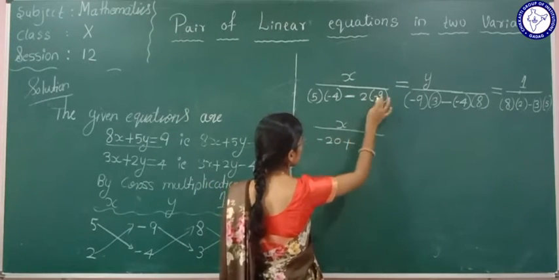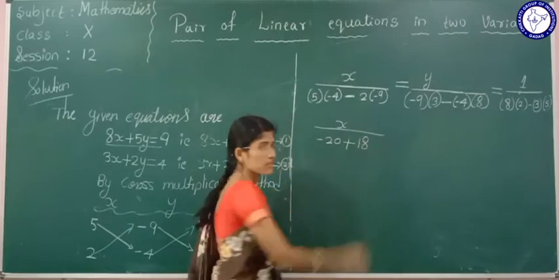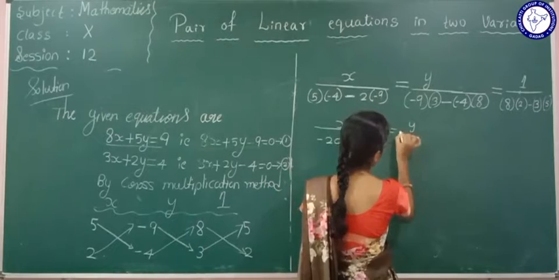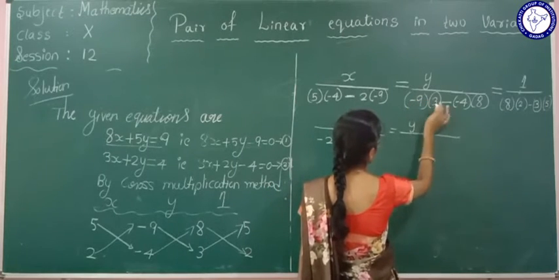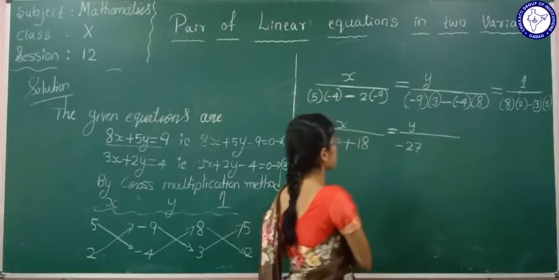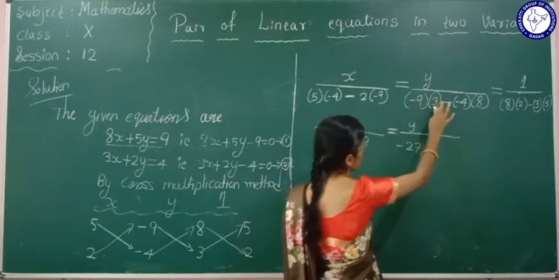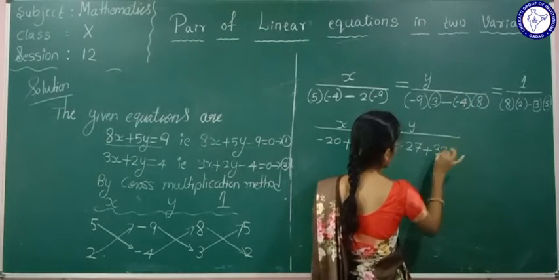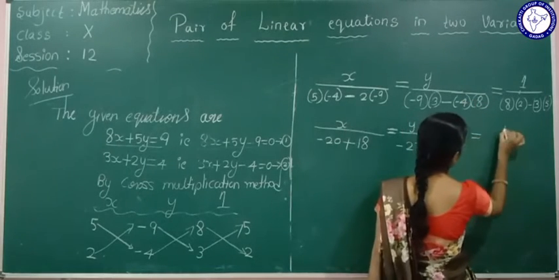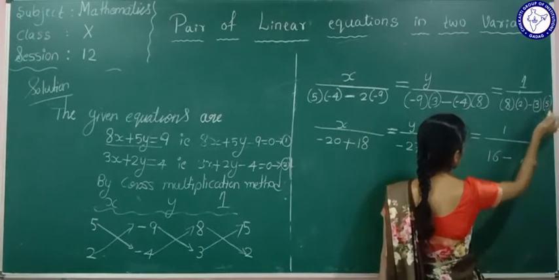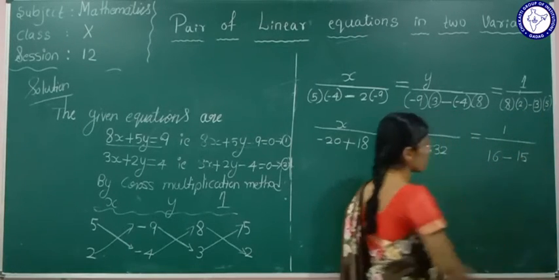Plus. 2 9s are 18. Is equal to y. 9 3s are 27, it will become minus 27 because a minus is there. Minus minus is plus. 8 4s are 32 is equal to 1. 8 2s are 16 minus 3 5s are 15.